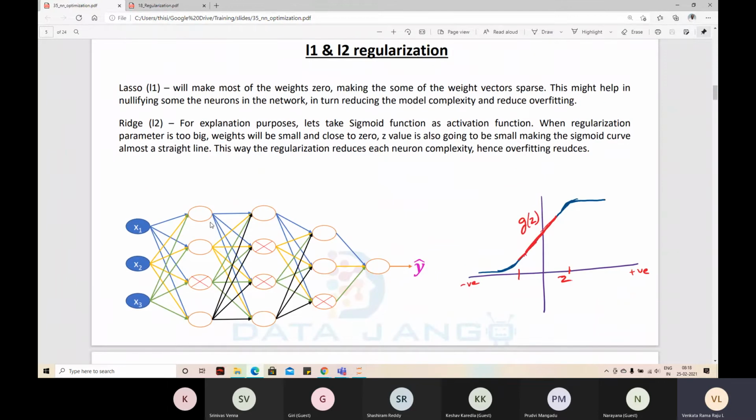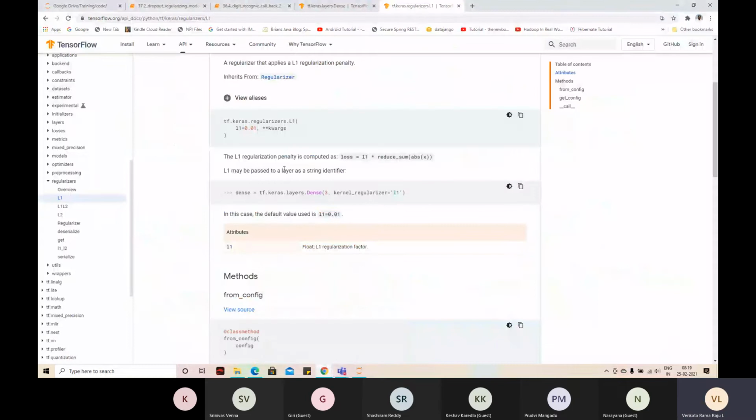How will you know whether it constrains the activation outcomes or the weights? It will be decided by the parameter there. Kernel regularizer will take weights as x. Activation regularizer will take activation outcomes as x. Got it? I'm clear now.